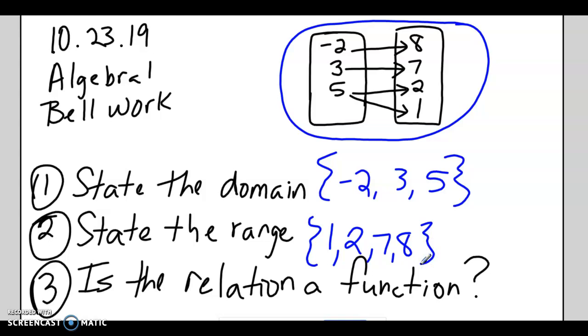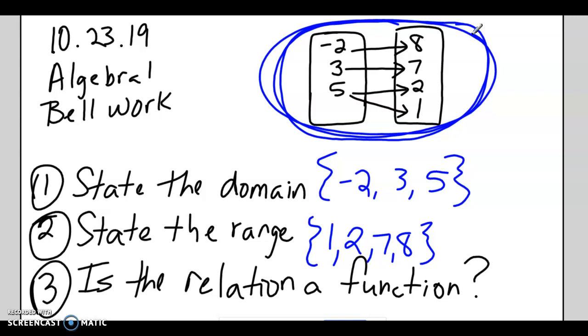So again, the range is the output, the only allowable values for the output or the y coordinates for this group of numbers. And the set of ordered pairs that we have, we call a relation. So for this specific relation, those are the only y values that are allowed. And that's why they're called the range.